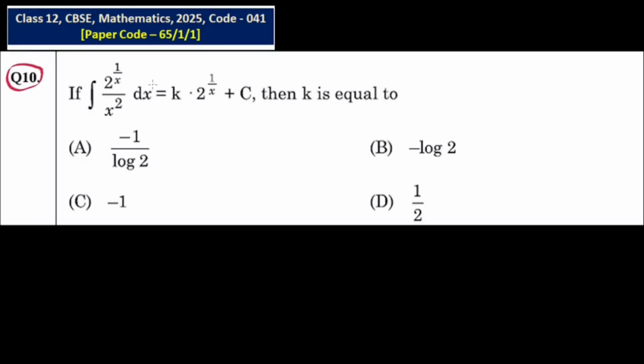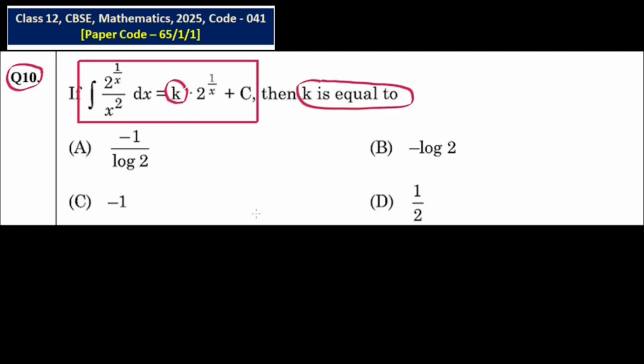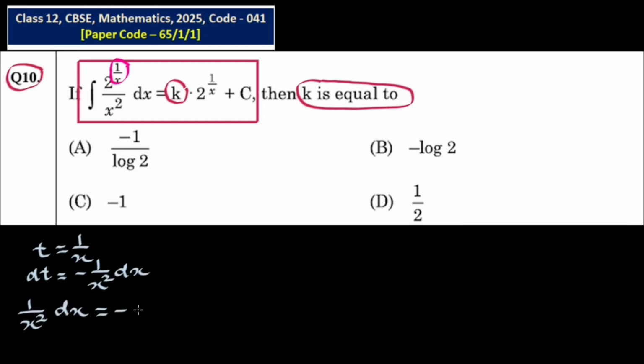Question number 10. Here, an equation in terms of an integral is given and we have to find the value of this k. We can solve this integral by the substitution method. We put t equals 1 upon x and differentiate, dt equals minus 1 upon x square dx, so 1 upon x square dx equals minus dt. So this integral becomes, for 1 upon x square dx we put minus dt, and for 2 power 1 upon x we put 2 raised to t.